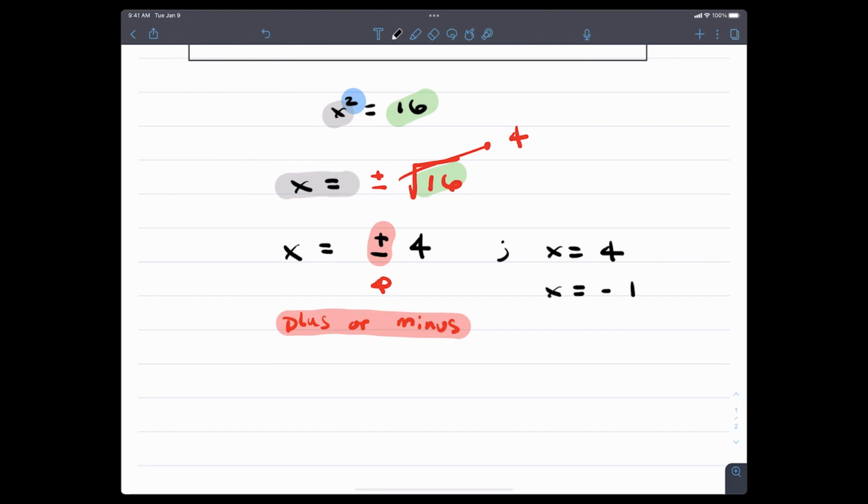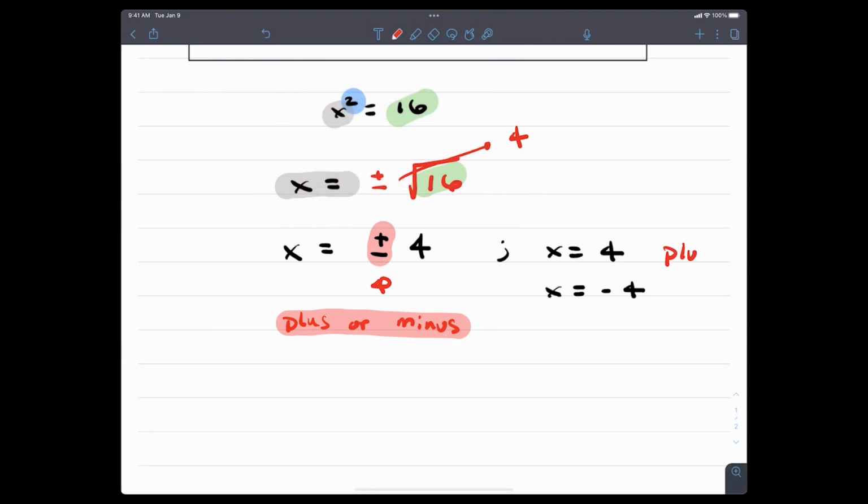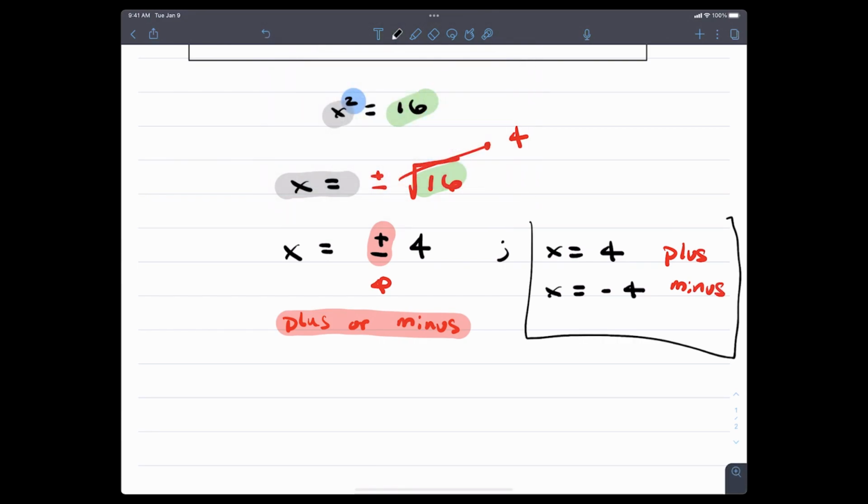In the other case, x is negative 4, this is the minus. I want to emphasize this: you have a plus and you have a minus.